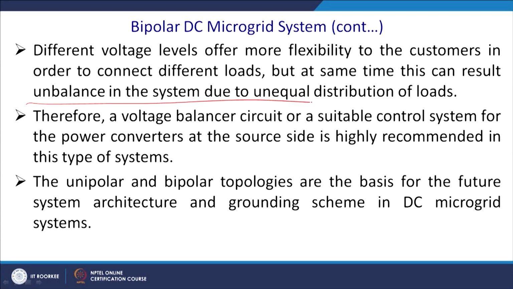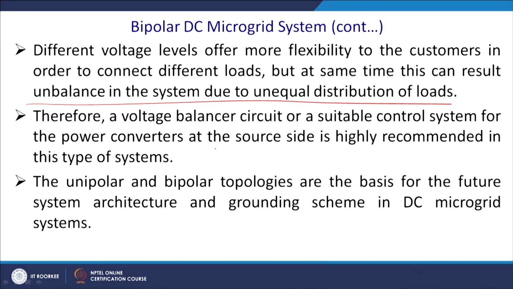At the same time, there is unbalance in the system due to the unequal distribution of the load, because you are connecting the positive DC bus and the negative DC bus, maybe with less load on one and more load on the reverse. Then you will find that the point which is taking more load will shift your 0 voltage level.